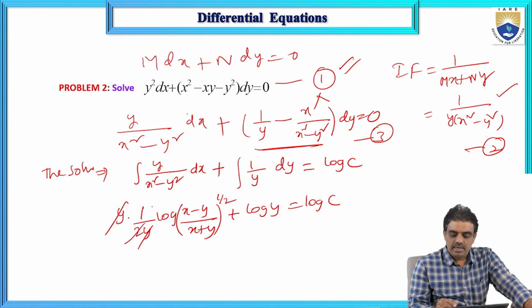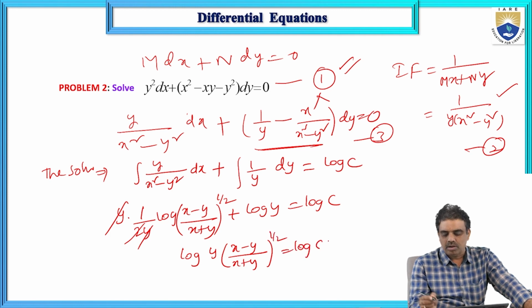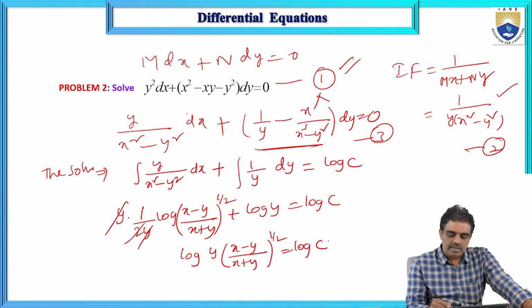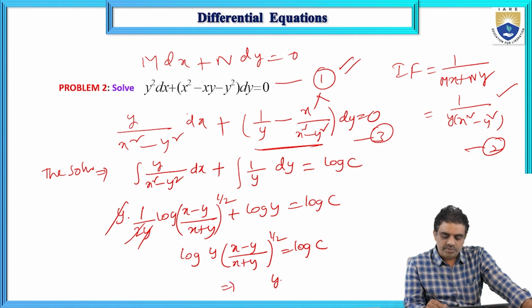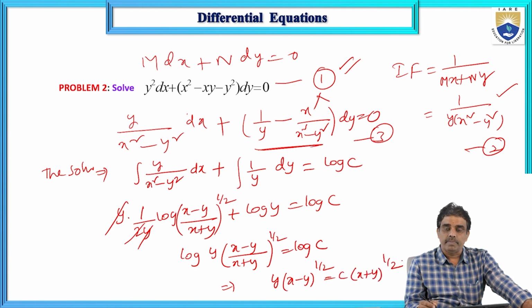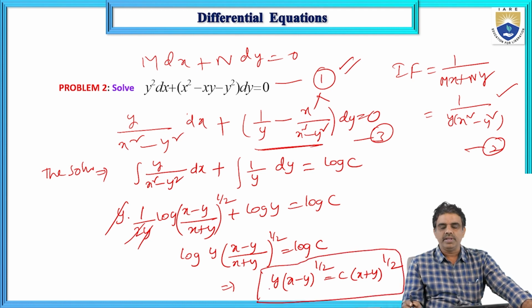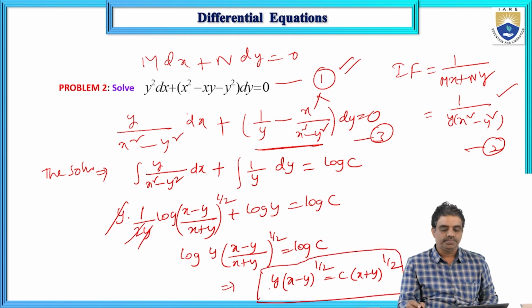Using log m plus log n is log m into n, we get log of y into x minus y by x plus y whole power 1 by 2 is equal to log c. Or deleting log on both sides, y into x minus y whole power half is equal to c into x plus y whole power 1 by 2, which is the required solution of the given differential equation.